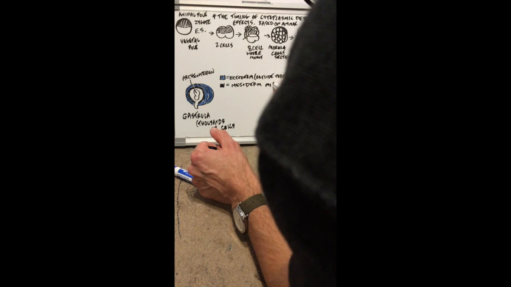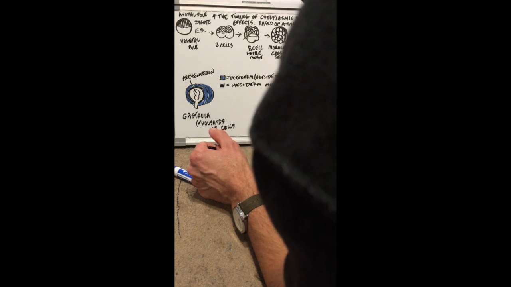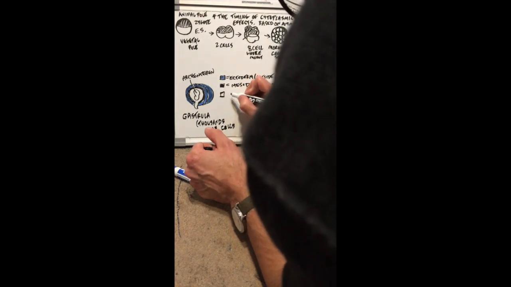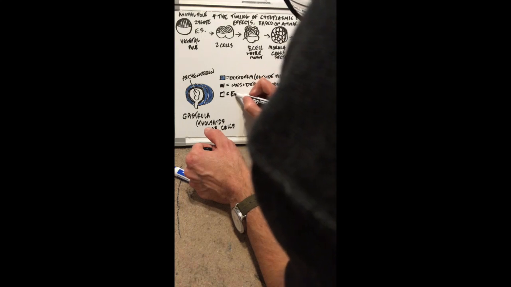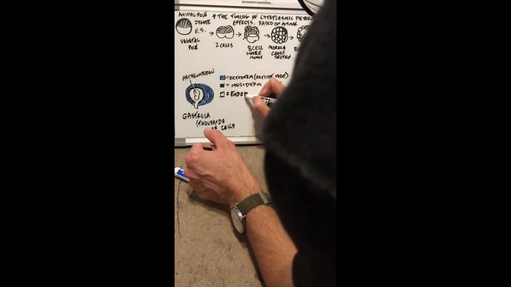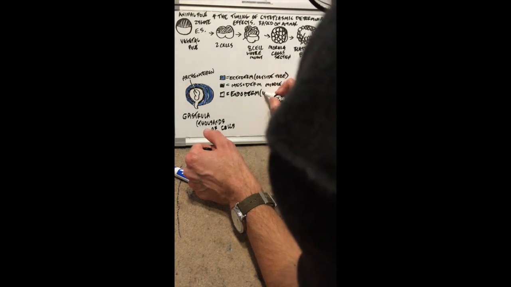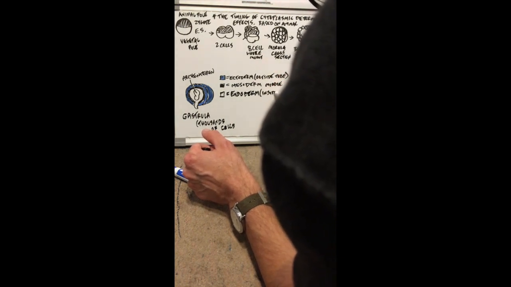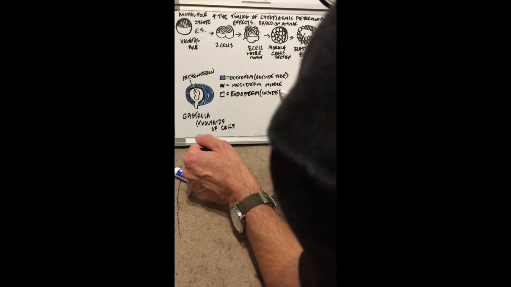That's the middle. All right, and the endoderm. That's the inside. It's the inside tube. And I've just left that not colored.